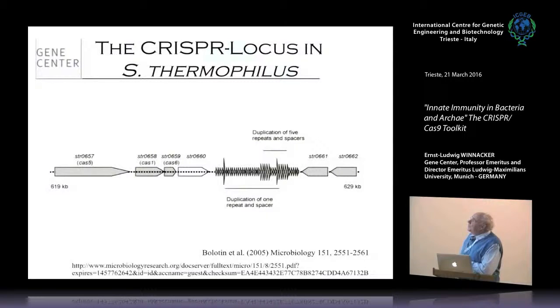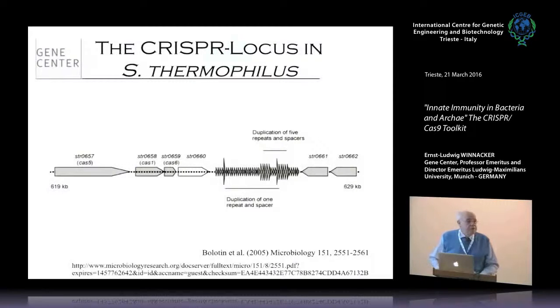Then there is this CRISPR region, which looks very funny here. This is a duplication of repeats and the spacer in between, everything around 30 to 50 nucleotides, in clusters which are repeated 30, 40, 50 times. This is why it looks so funny here. And then there are other genes which are not related to the problem.